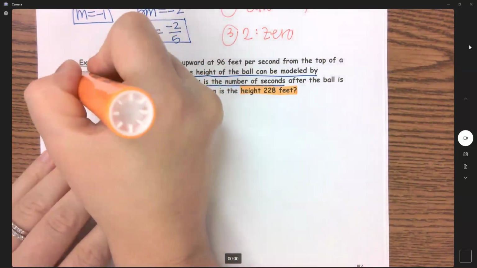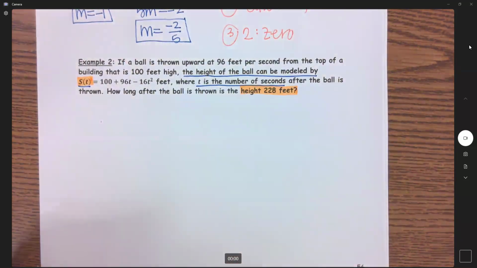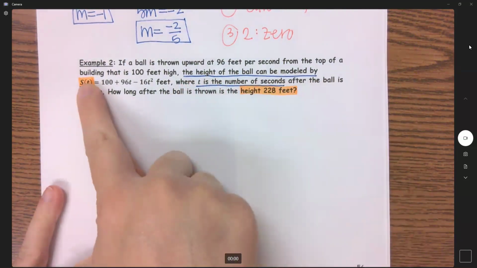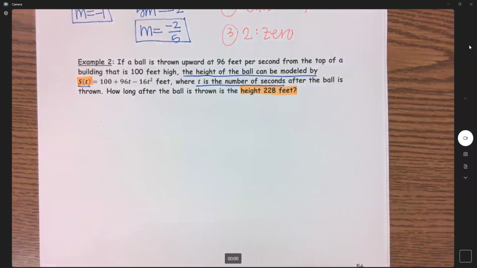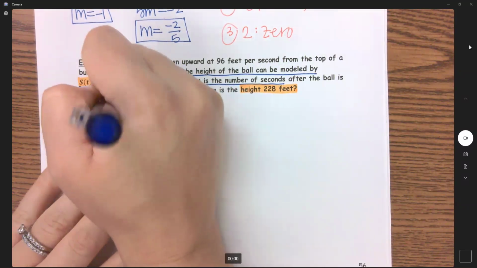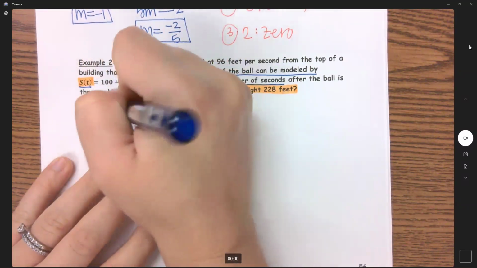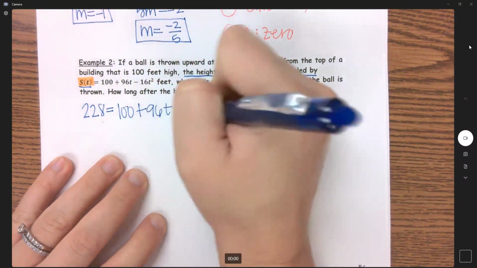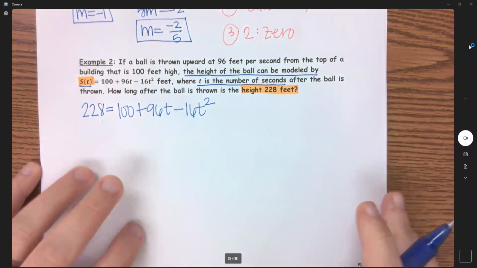So this must be S of t, which is told to me right here, that the height of the ball can be modeled by S of t. So now my equation is 228 equals 100 plus 96t minus 16t squared.